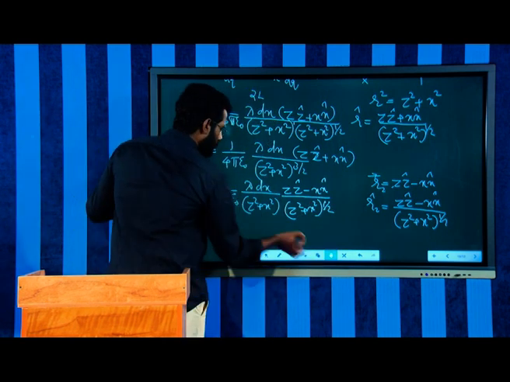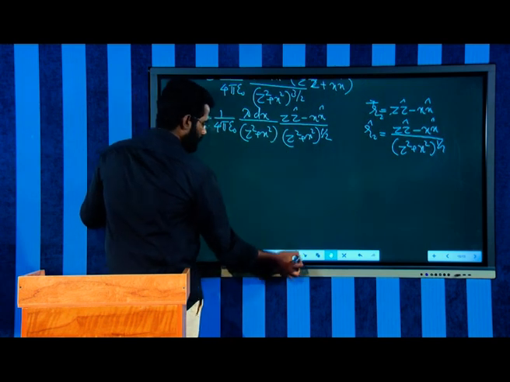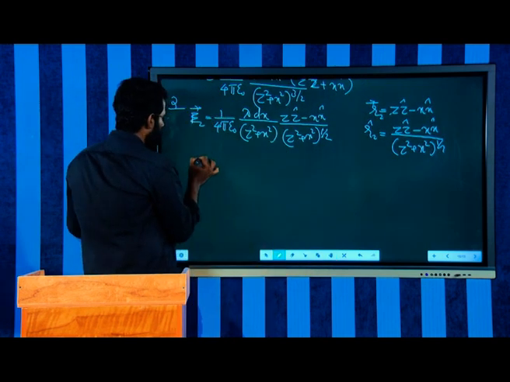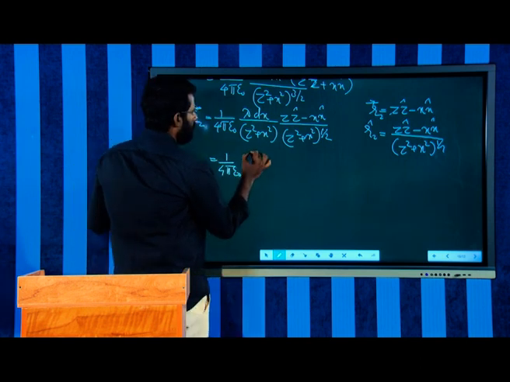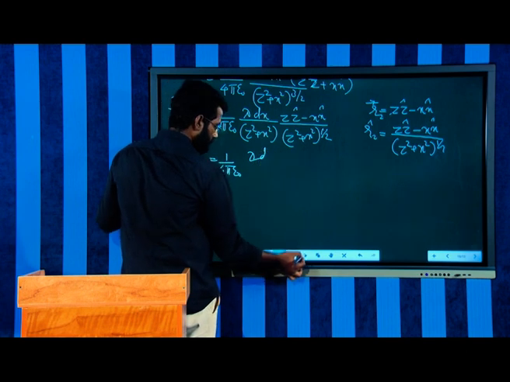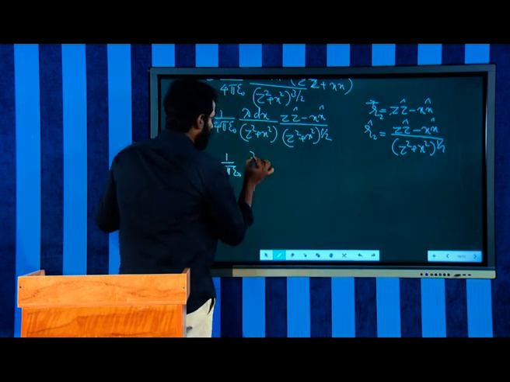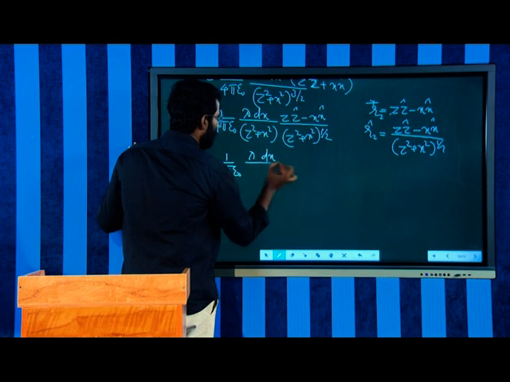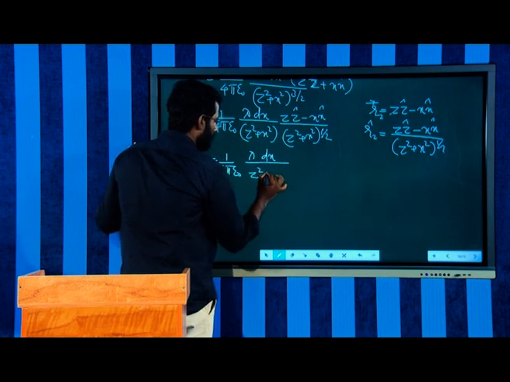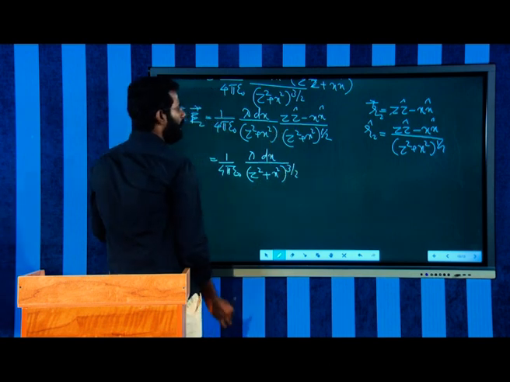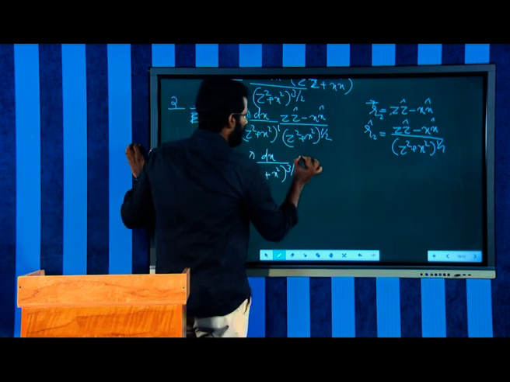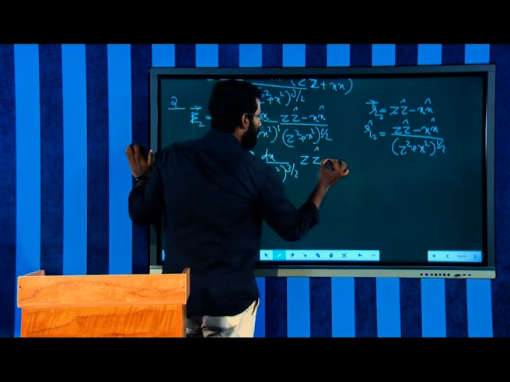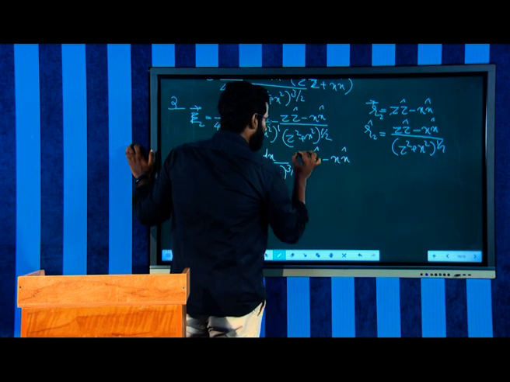So, now the equation becomes E2 is equal to 1 by 4 pi epsilon 0 lambda dx divided by z square plus x square the whole raised to 3 by 2, because this is 1 and this is 1 by 2, the sum will be 3 by 2, into z cap minus x cap. We got it.